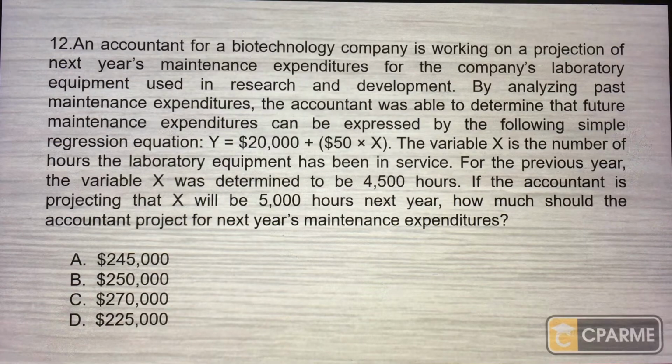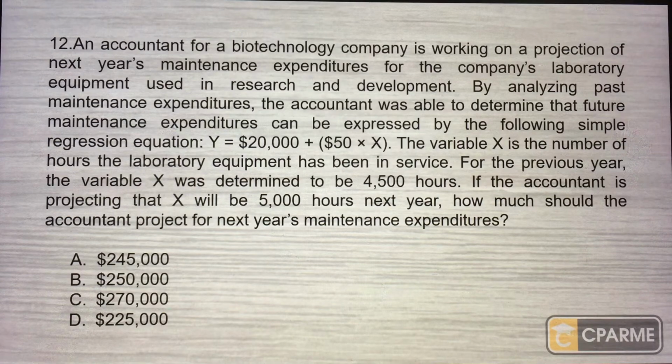By analyzing past maintenance expenditures, the accountant was able to determine that future maintenance expenditures can be expressed by the following simple regression equation: 20,000 plus 50x, where variable x is the number of hours laboratory equipment has been in service. So for next year, the basis will be 5,000 hours. So how much will it be?